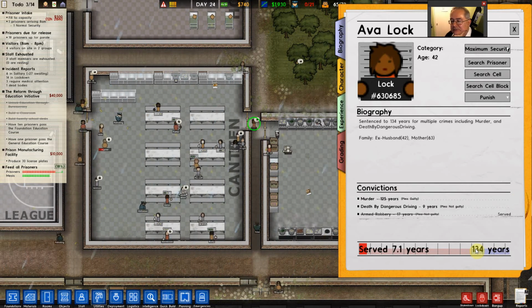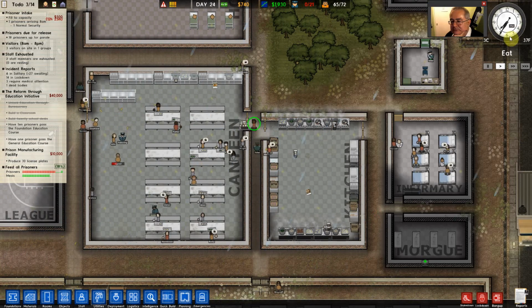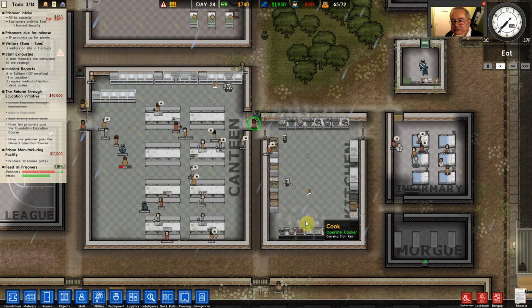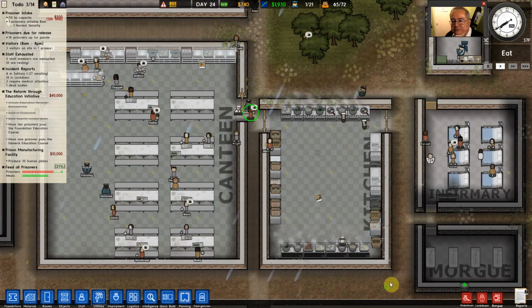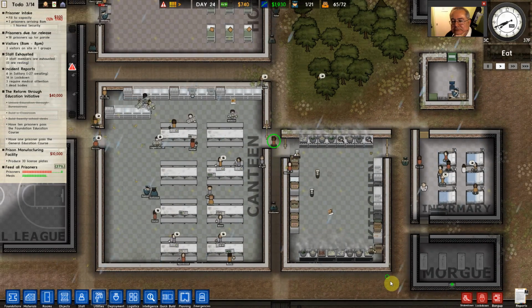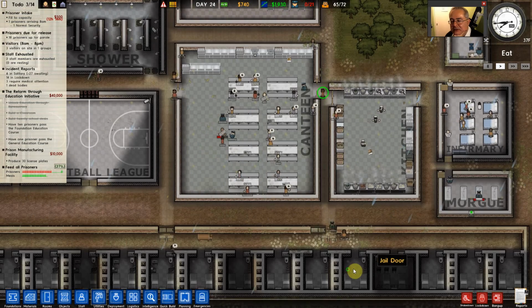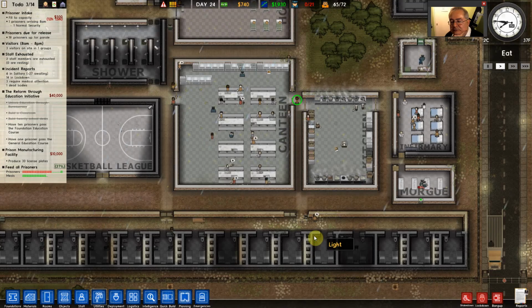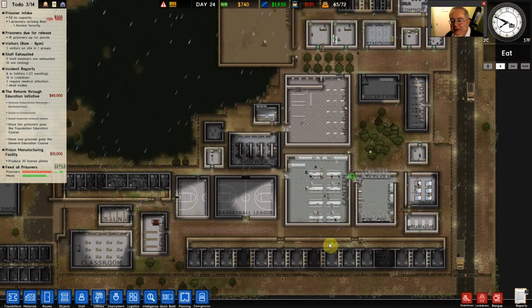Alright. There's an awful lot of prisoners that seem to need to be escorted to cells. I don't know why it isn't happening.